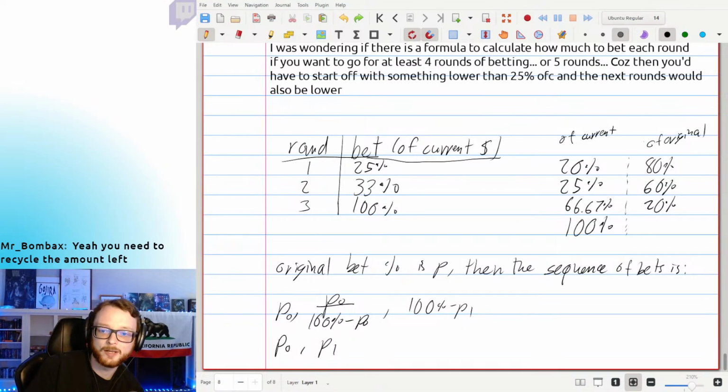Or I guess the amount remaining after round one. But then what am I doing with that number? I'm figuring out what percent of that we need to bet to get back to 100.